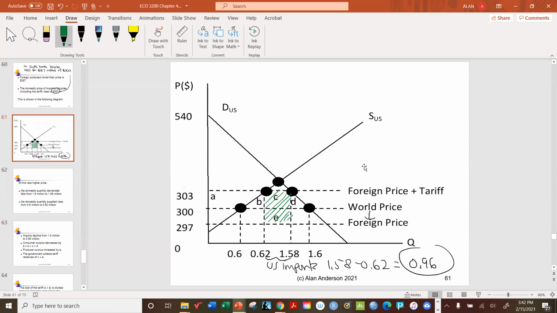How much is that worth? Remember, this is a rectangle, base times height. The base is this difference of 0.96. The height is the gap between these two numbers, $6. And so the government's revenues are 5.76.